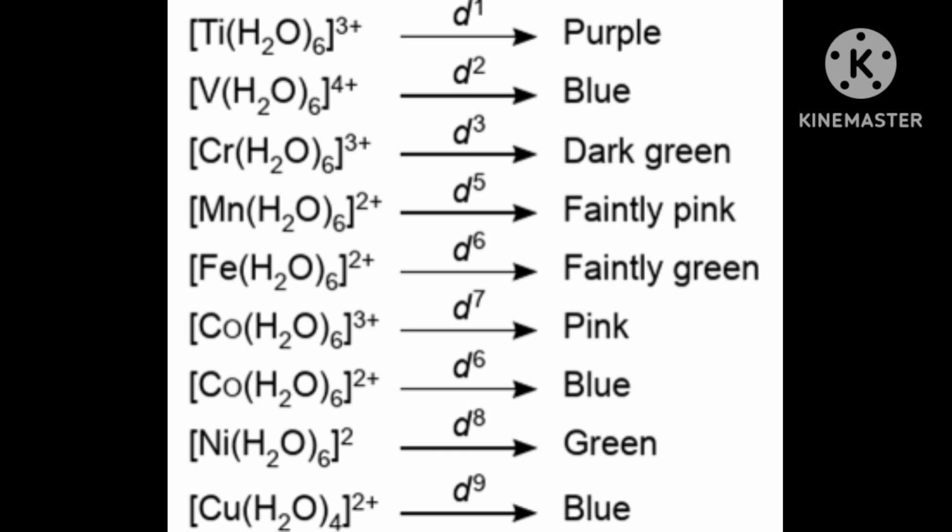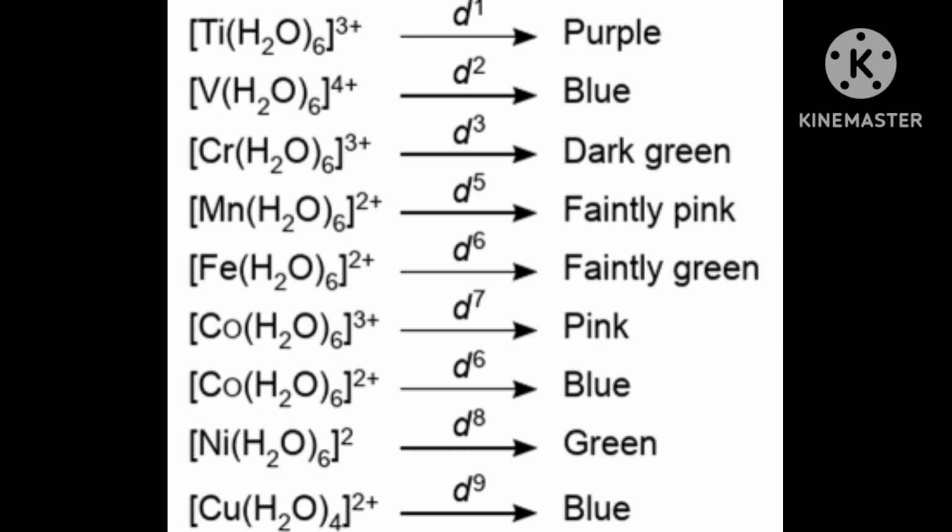Correct? Then you always get the complementary color. Whatever light is absorbed, the complex color will be the complementary color of the light absorbed. Okay, this I discussed.